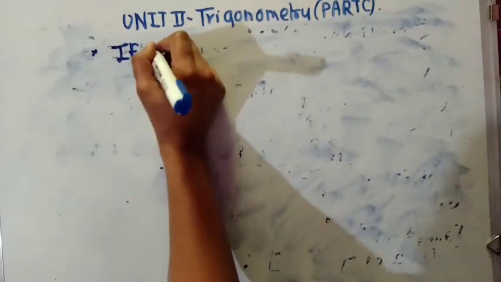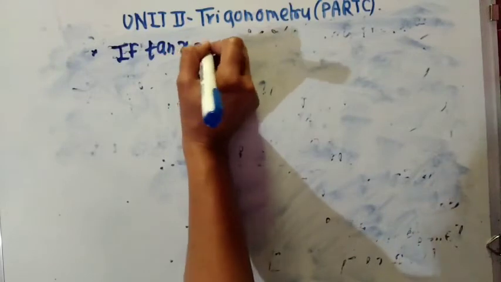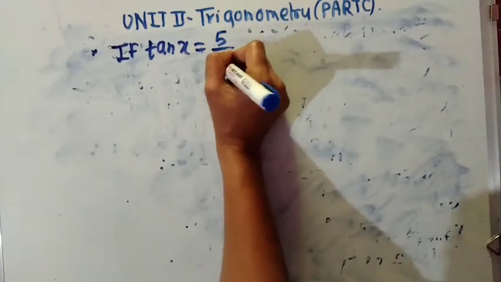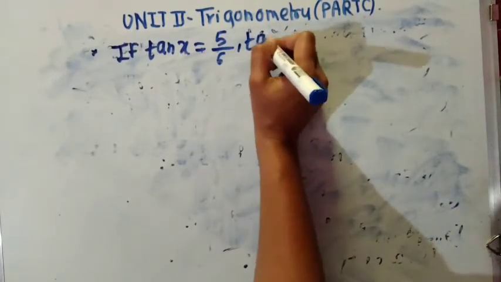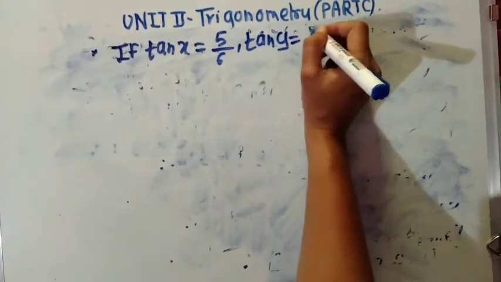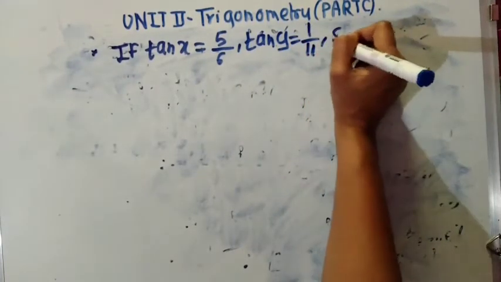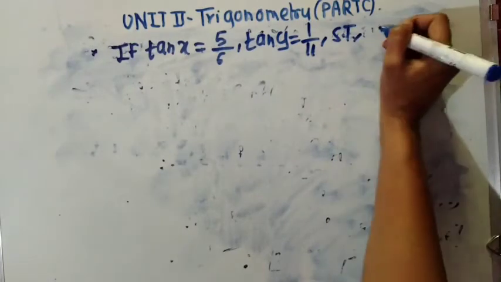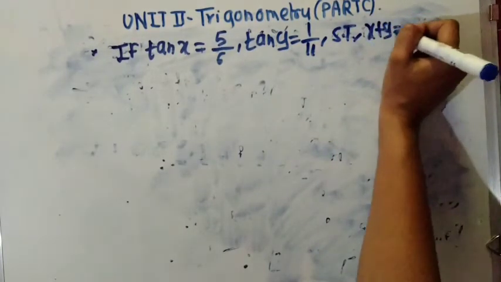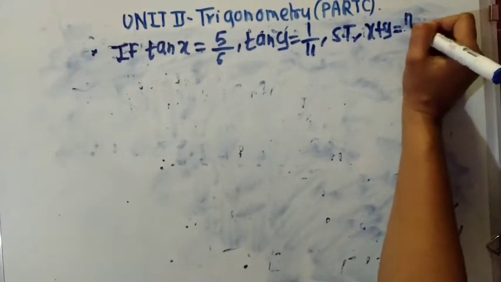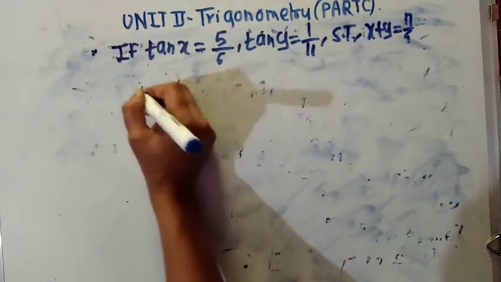If tan x is equal to 5 upon 6 and tan y is equal to 1 upon 11, then show that x plus y is equal to pi upon 4.